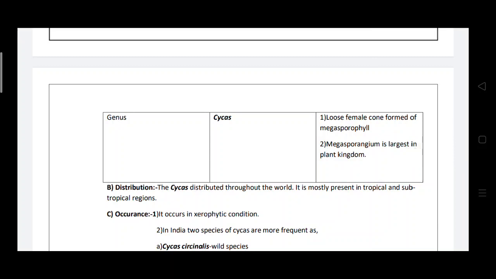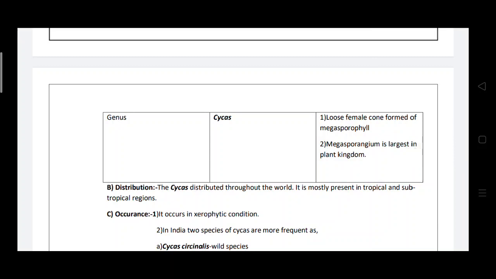That means in some species the male cone and female cone are both present on the same plant, and in some species the male plant and female plant are different. So these are some identifying or important characters of Cycas.